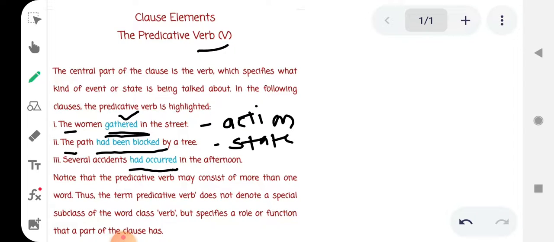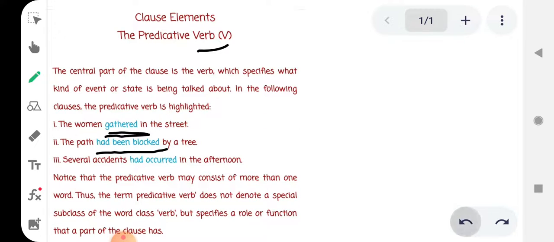The path has been blocked. The condition of the path is stated here. Several accidents had occurred in the afternoon indicates the action. So the verb in each sentence describes either the action or the state of that particular subject.